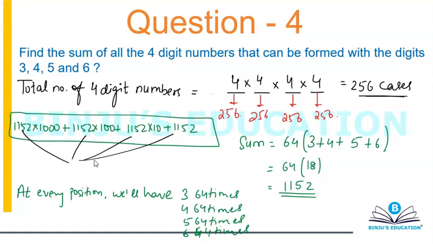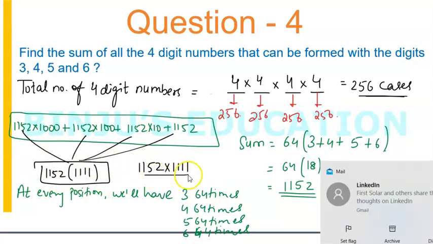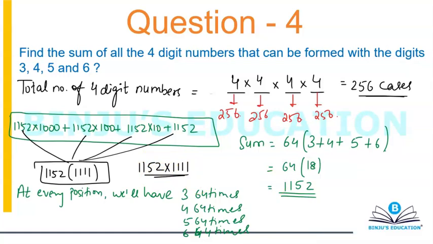Now you can take 1152 common. This is 1000 plus 100, that's 1100, and 10, 1110, and 1, that's 1111. So this is your answer, that is 1152 into 1111.